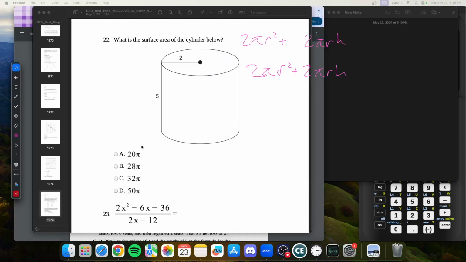2 pi r h. Let's see if you guys can do that. 2 pi r squared plus 2 pi r h.